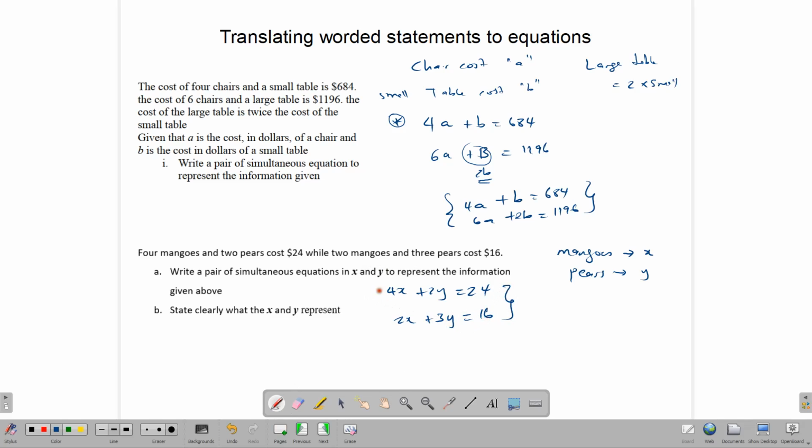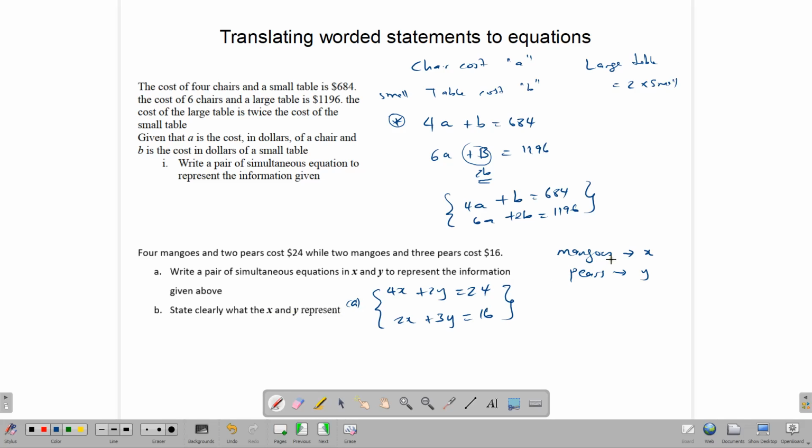That would be the two equations that we need. So 4 mangoes, 2 pears cost 24, while 2 mangoes and 3 pears cost 16. That's part A. Part B says state clearly what the x and the y represent.